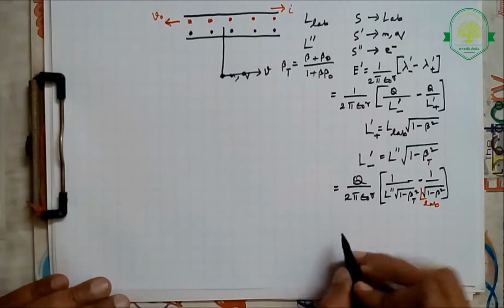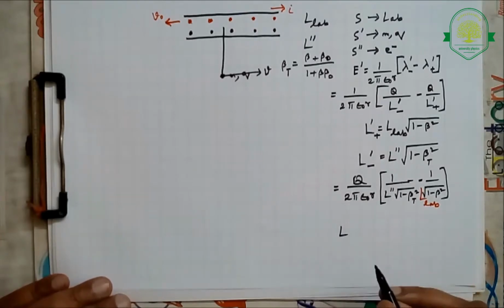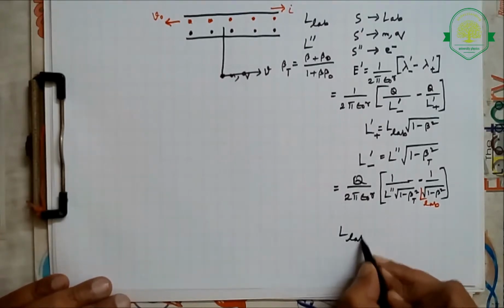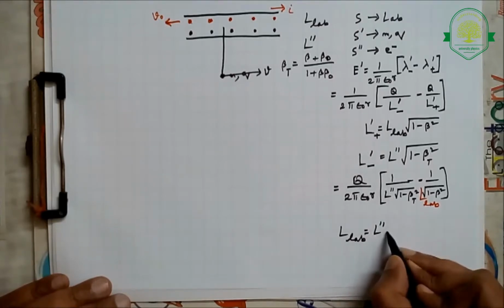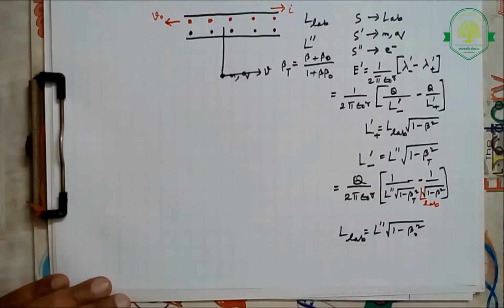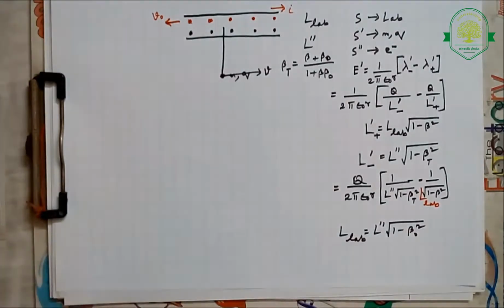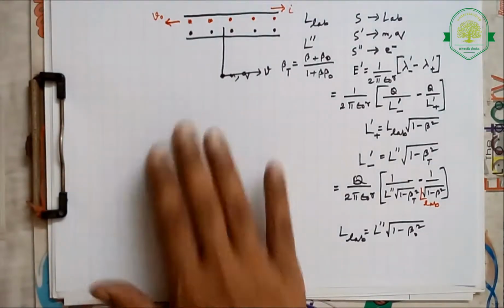So we can say that L lab equals L double primed times square root of 1 minus beta naught squared, where beta naught is just V naught over C. Now this is also the formula for relativistic length contraction as seen from the lab frame.